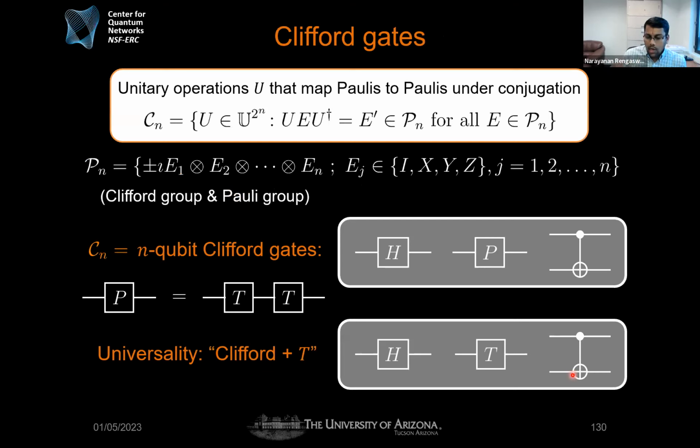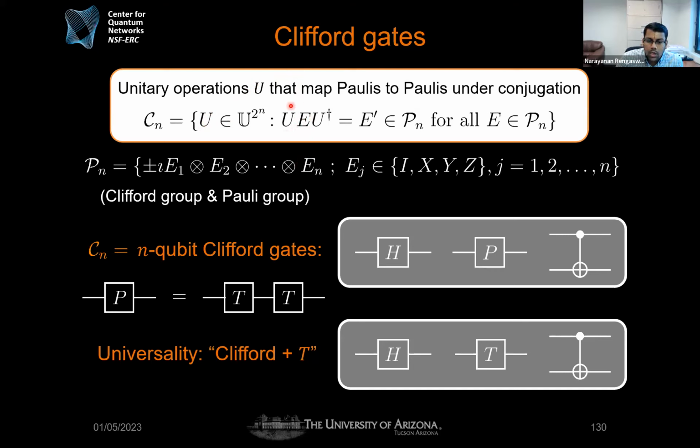And so before we get into how the formalism works, an important class of quantum operations are called the Clifford gates. So what are the Clifford gates? So here is the definition of Clifford. It just says that if you take any Pauli matrix, a unitary operation U is called Clifford if it maps Paulis to Paulis under conjugation.